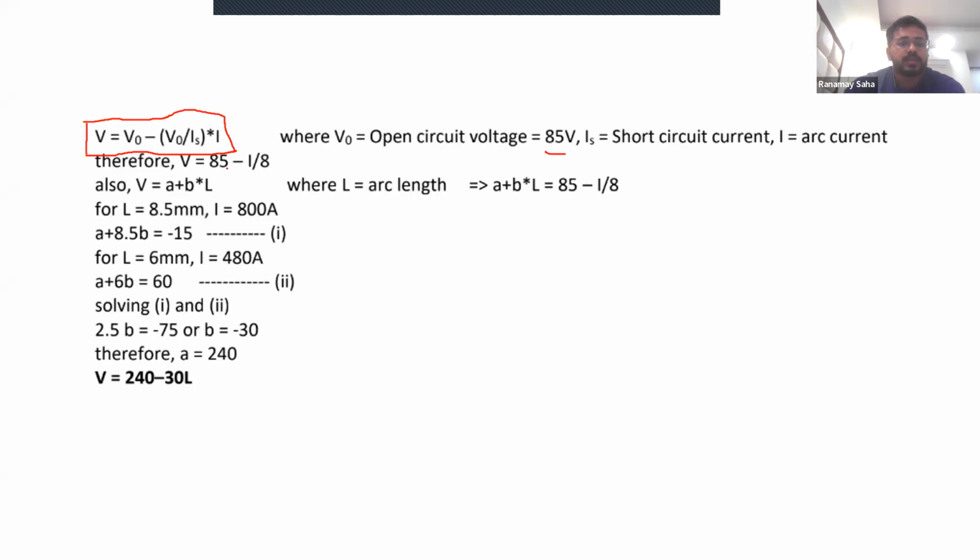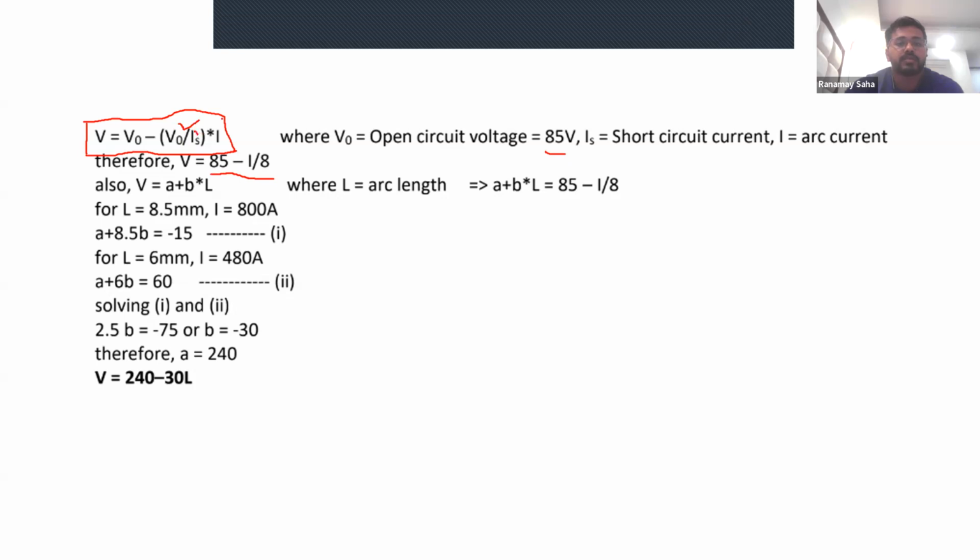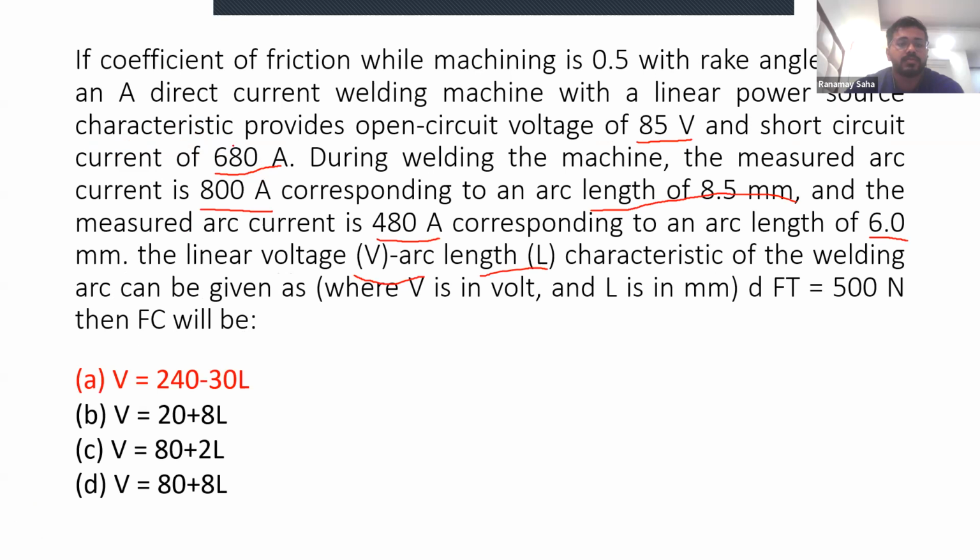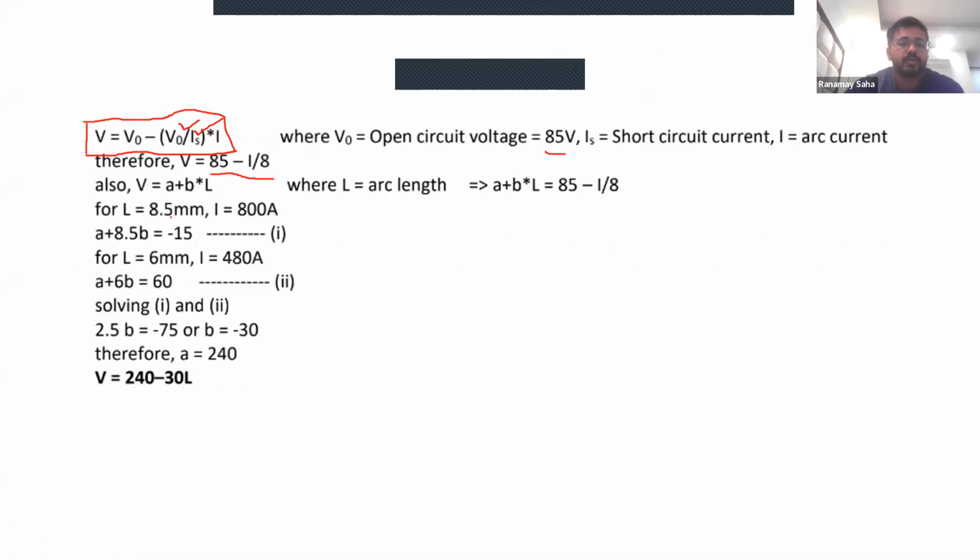So then this equation becomes V equal to V naught minus (V naught by Is) into I. You plug in the value of V naught as 85, you plug in the value of Is as 680, and then you find this relation. That condition happens to be V equal to 85 minus I by 8.